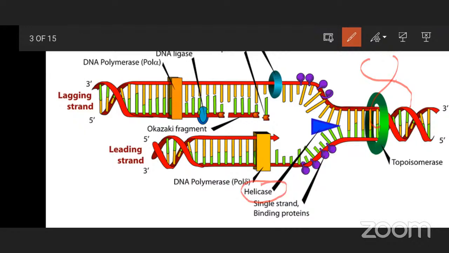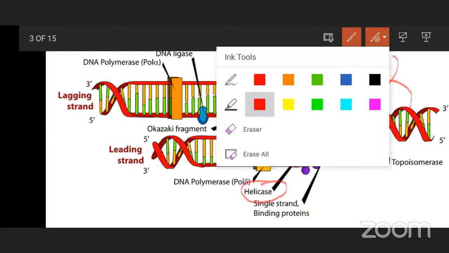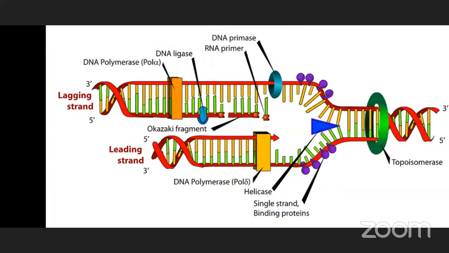Helicase causes the unwinding of the DNA molecule, and this unwinding forms a replication fork. By the formation of this replication fork, the bases present on the two strands are exposed and involved in the synthesis of new strands. Helicase is very useful for unwinding the DNA double strand.